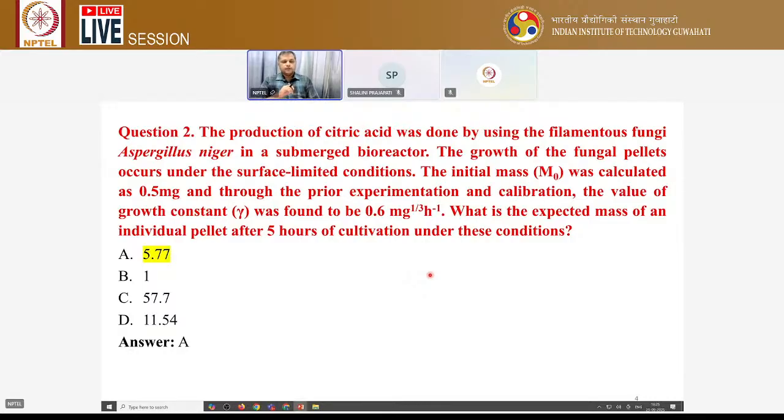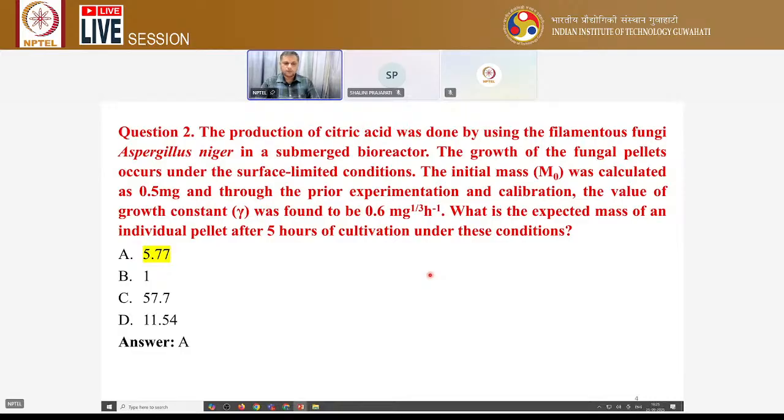When we are talking particularly about the growth of filamentous fungi, we also discussed that biomass can be reported in terms of number or in terms of density. But for this case, it's very difficult to report or measure in terms of number. So here we have to measure in terms of mass or density.